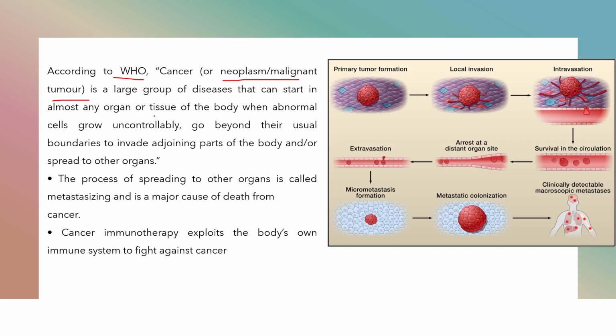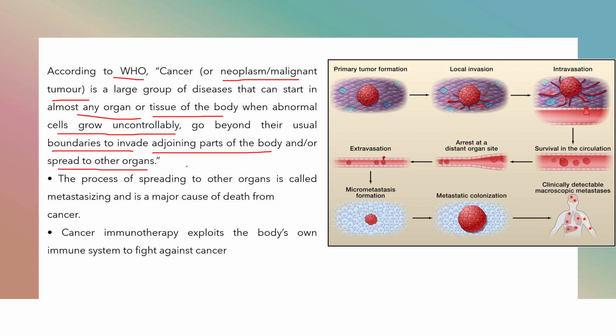This tumor itself is called malignant tumor or cancer, but the process of spreading is called metastasis or metastasizing. Okay. Cancer is a large group of diseases that can start in almost any organ or tissue of the body when abnormal cells grow uncontrollably and go beyond their usual boundaries to invade adjoining parts of the body and spread to other organs.